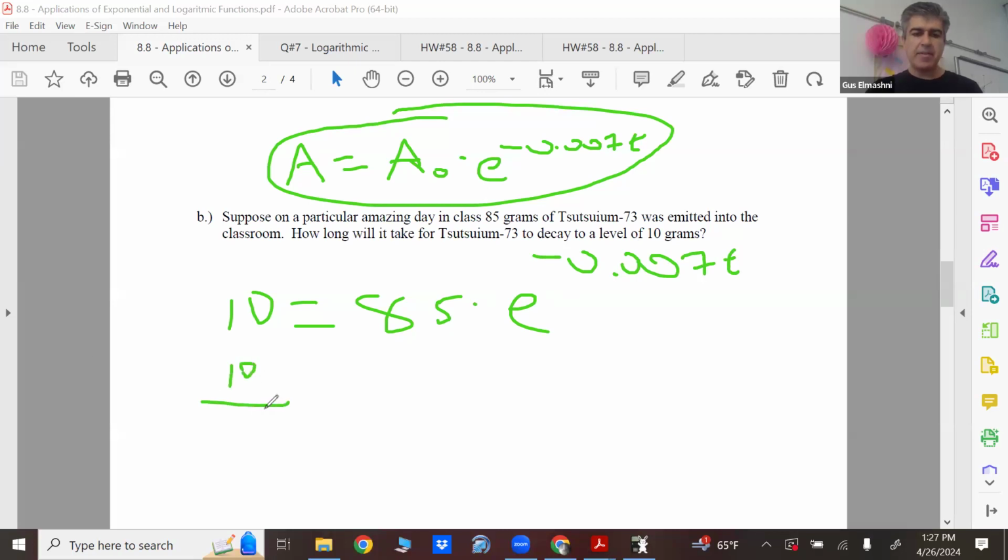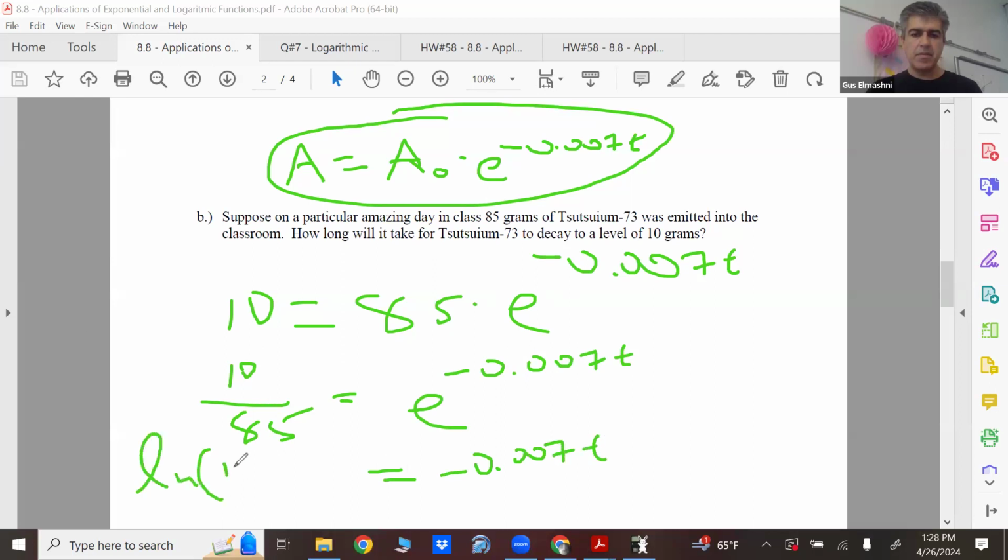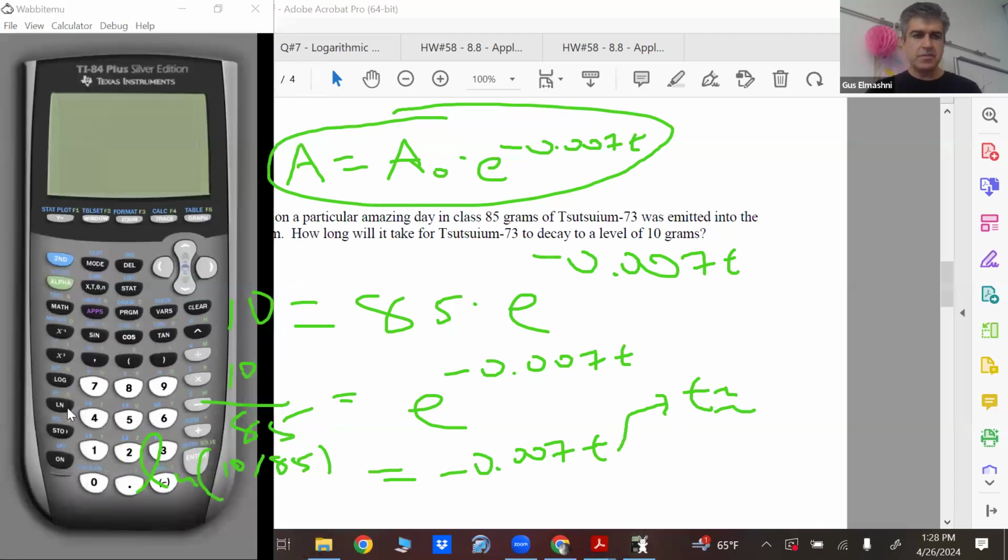So 10 divided by 85, then natural log, divided by alpha A. And there we go.